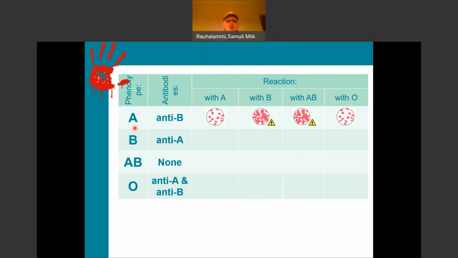If you are an individual who has blood type A, so your red blood cell has A antigens on its surface, your blood plasma will include antibodies for anti-B. So you're constantly looking if there is a cell that would advertise that, hey, I have B antigens on my surface.